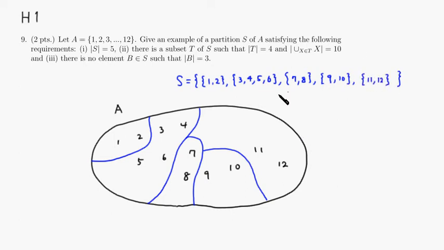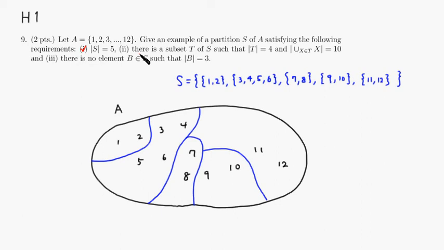This is the partition that would satisfy these conditions. So let's check. The cardinality of this partition S is equal to 5, which means you have 1, 2, 3, 4, 5 elements in there. So this is satisfied.